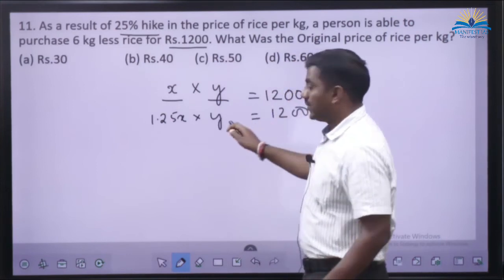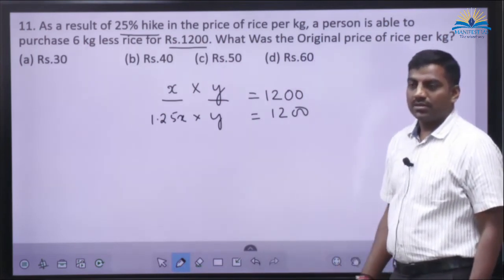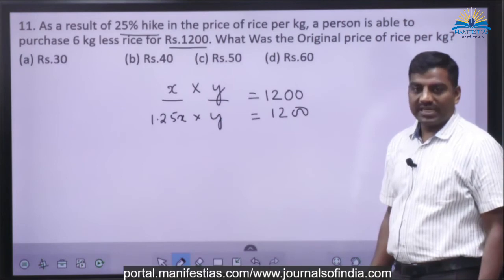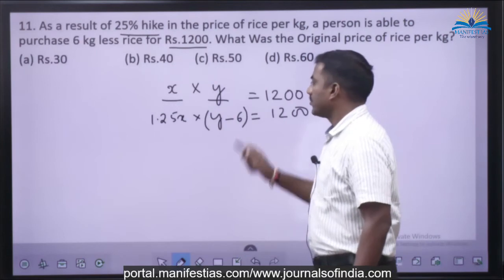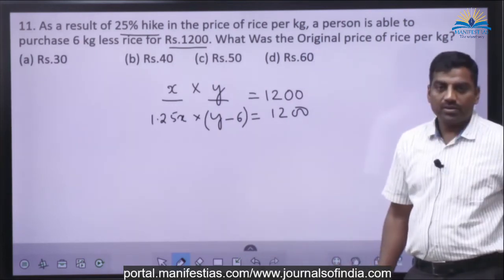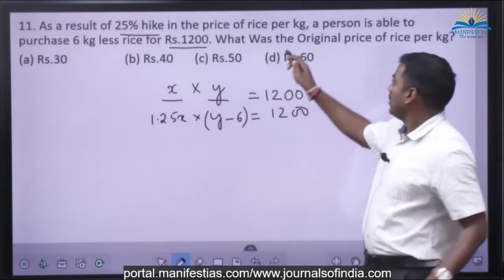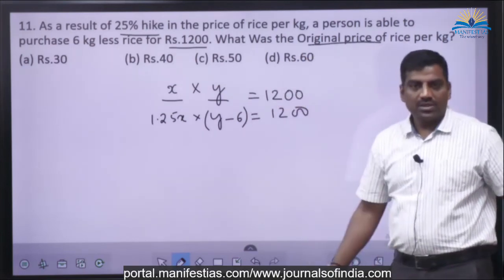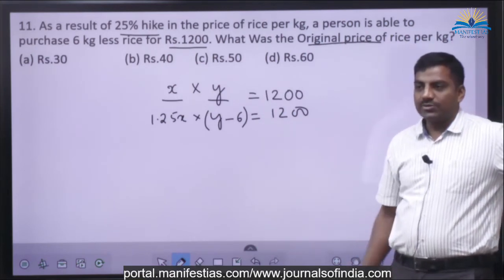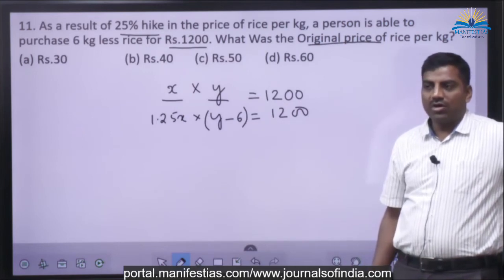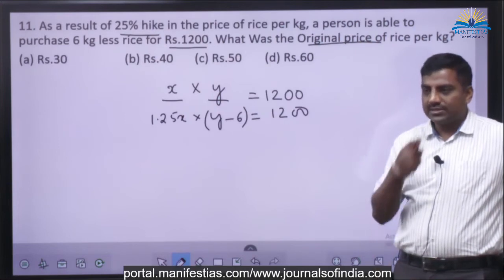But what is happening? The quantity is getting reduced by 6, so Y is becoming Y minus 6. How many equations are there? How many variables? Can we solve for X? What they are asking is the original price, X. In the place of Y, can we substitute in terms of X?